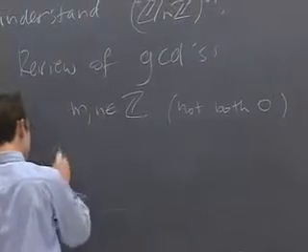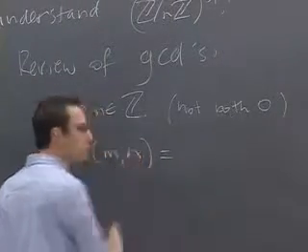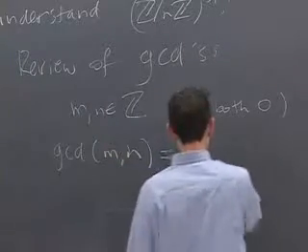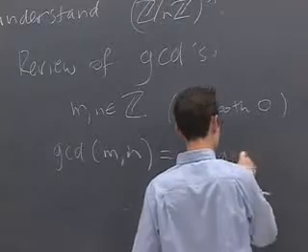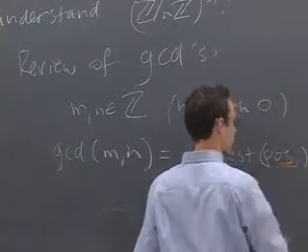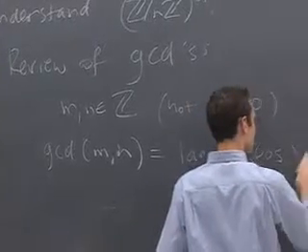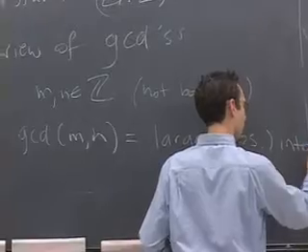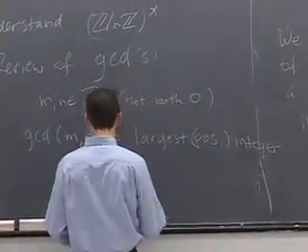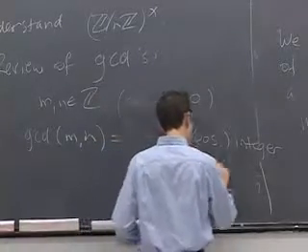So what is the GCD? Well, you were probably taught this in elementary school as the largest positive integer, where this is a sort of redundant part of the definition, the largest integer that divides both m and n.